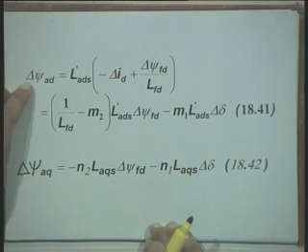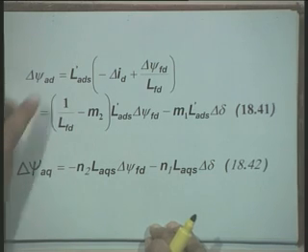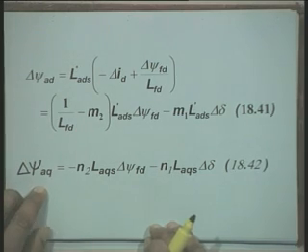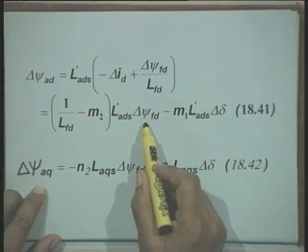Now, to complete our model, we also obtain the incremental changes in these intermediate state variables, that is delta psi AD and delta psi AQ, in terms of our state variables.